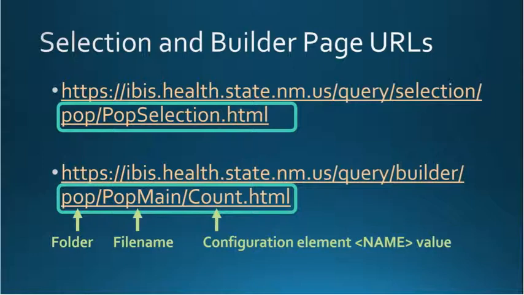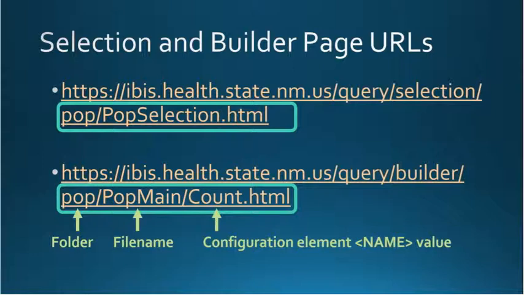For instance, the crude rate configuration will typically have an age group section on the builder page, whereas the age rate page configuration will exclude that section from the builder page because we don't need to select age groups for age adjusted rates.